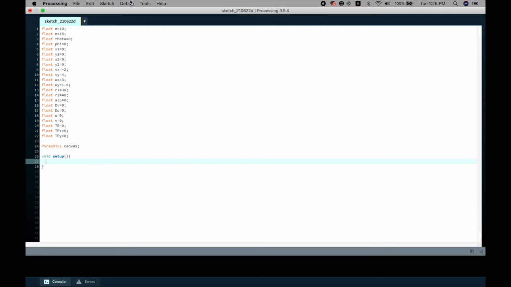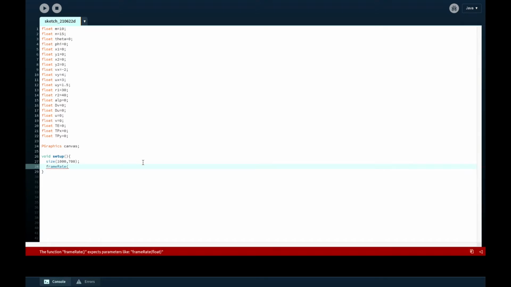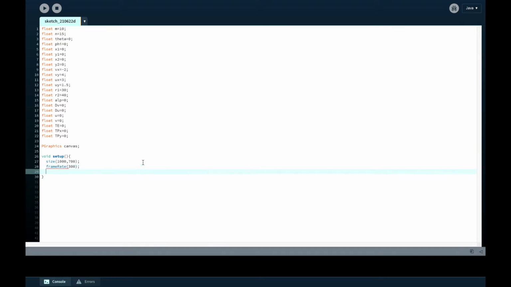I've done this quite a lot of times, and I think for this one, 1,000 in terms of length and 700 in terms of height is the most appropriate. I'm also going to set my frame rate as something like 300, quite high, it doesn't really matter. And let's create my graphics.